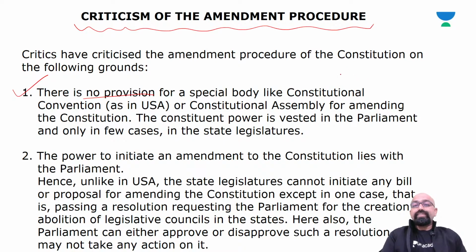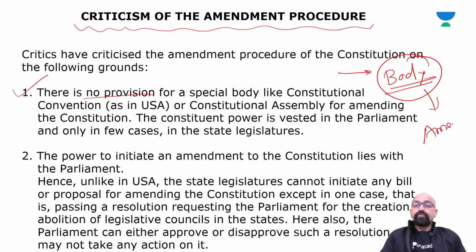So the demand is that there should be a special body, that is a constitutional assembly, for the process of amendment of the constitution. There is no provision of this type of body in our amendment procedure.